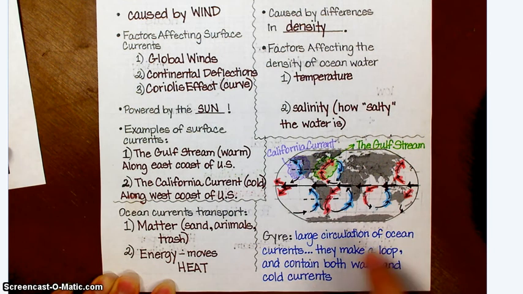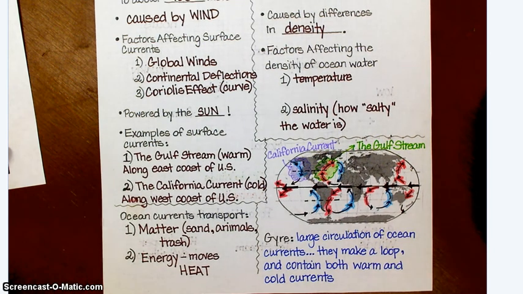Okay, so gyres are just those big circulations of ocean water that act over very large areas. Ocean currents transport matter, things, sand, animals, trash, etc., and they transport heat energy as well.